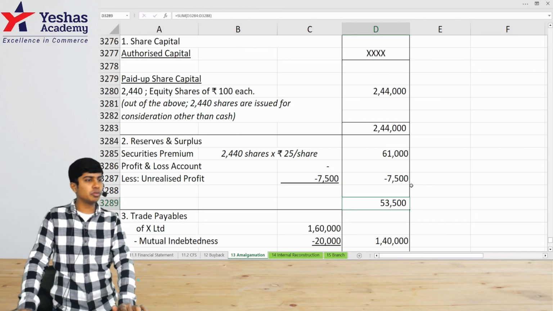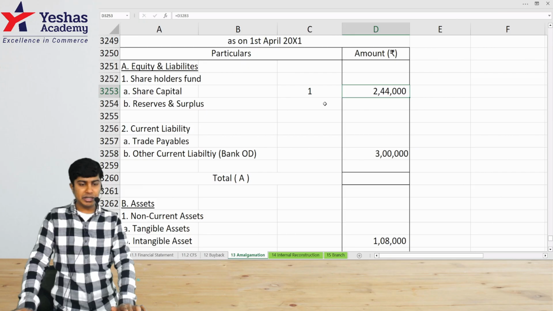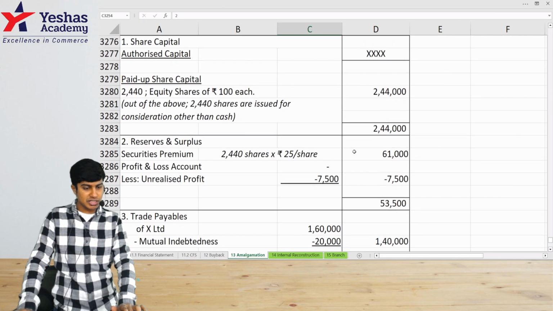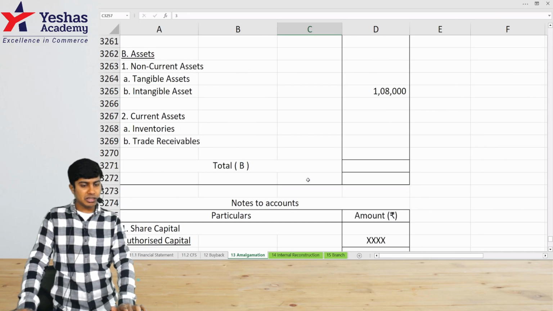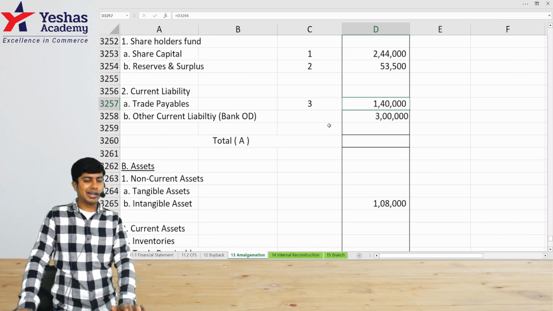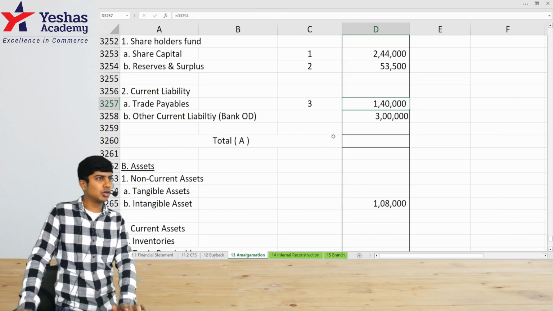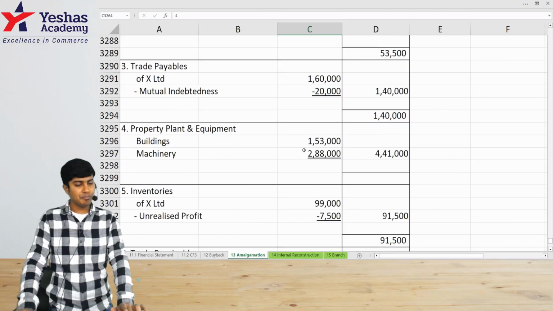I'll just post the numbers to the balance sheet. 244, note number 1, share capital. Note number 2, reserves and surplus is 53,500. Note number 3, trade payables is 1,40,000. And bank overdraft, I didn't open a note. We can total the liability side, but later. Come to tangible assets, PPE.